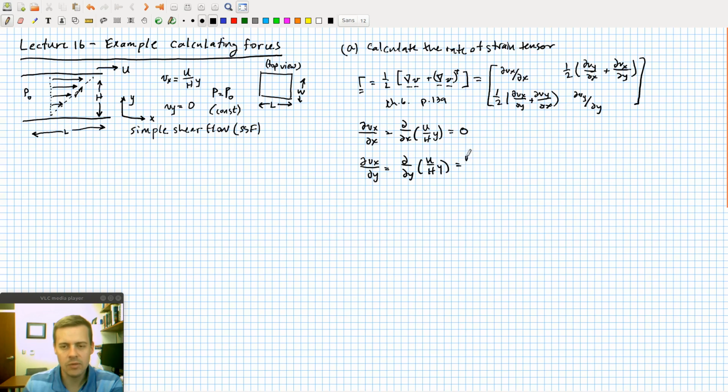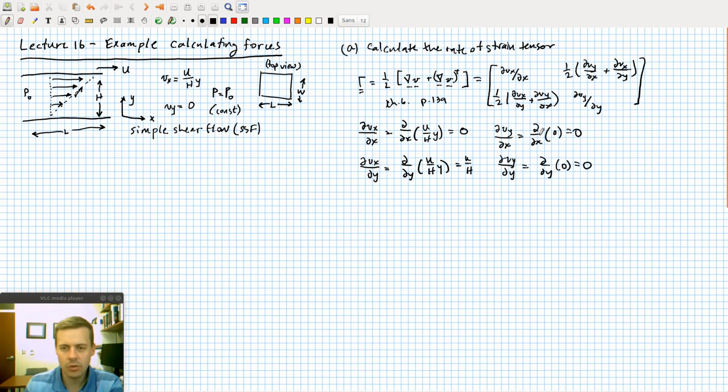That will give me u over h. That's just a linear function: I take a derivative of a constant times y, I get the constant out front. Now I can do the same thing for the y derivatives. dvy dx is the x derivative of 0, which is pretty easy. And dvy dy is the y derivative of 0, which is also 0.